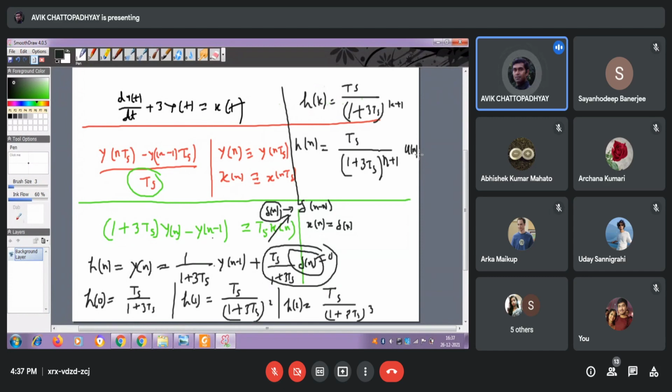So that is a time invariant system. If you apply the delta function at any time, or in other words if you shift it by some samples, all the response will be shifted by the same amount. In many competitive exams, you will find this kind of problem where the differential equation is given in the continuous time domain and you are asked to compute.